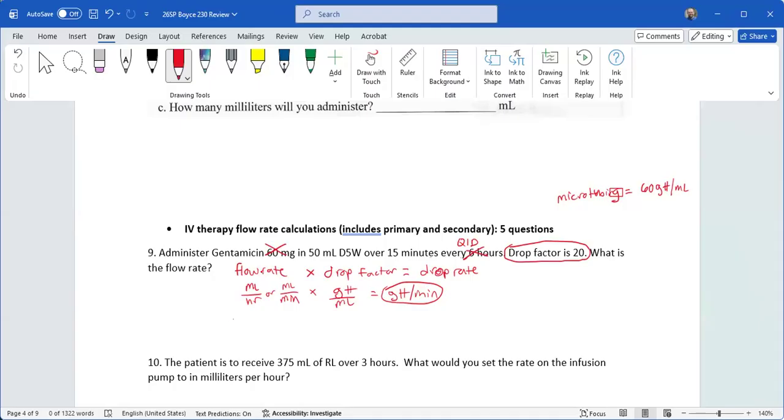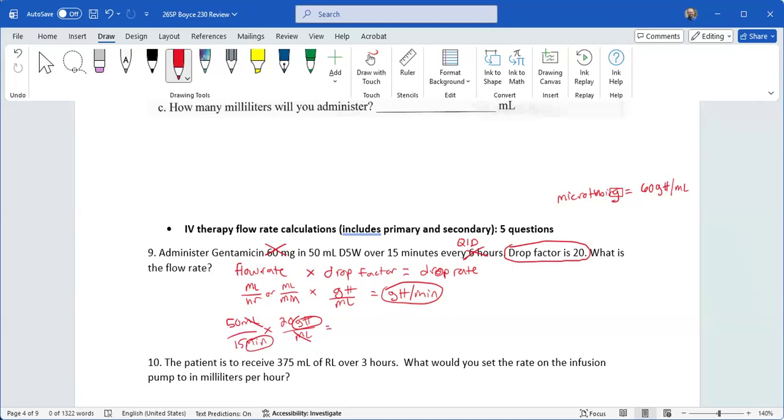So I'm going to take my volume over my time times my drop factor. We eliminate milliliters. We're left with drops per minute.